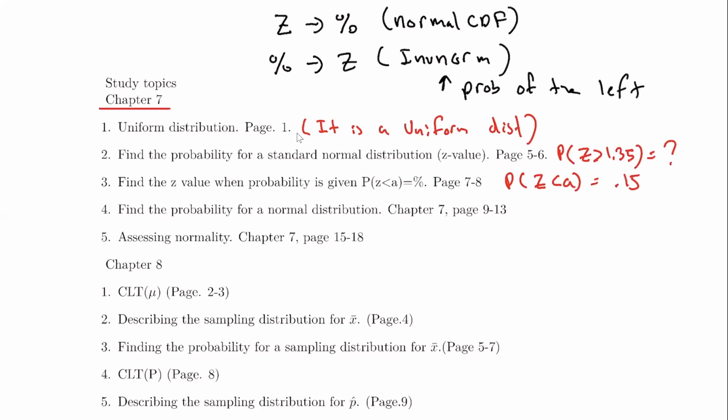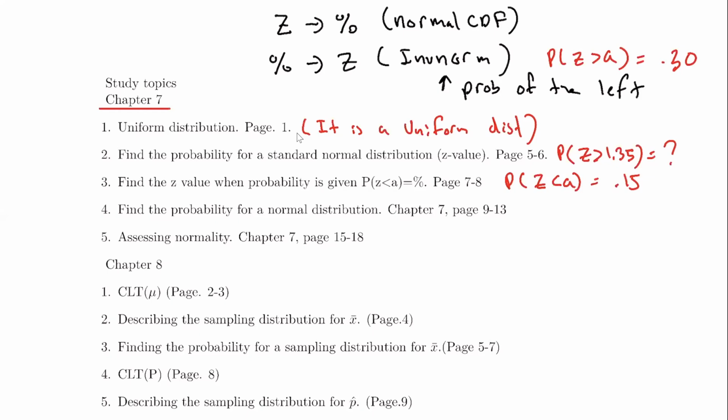So if I tell you, say, find the probability that Z is greater than A, which is equal to 0.30, for this one you wouldn't put 0.30 in inverse norm, because the 0.30 is for the right side. You want to tell it the probability to the left is 0.70.